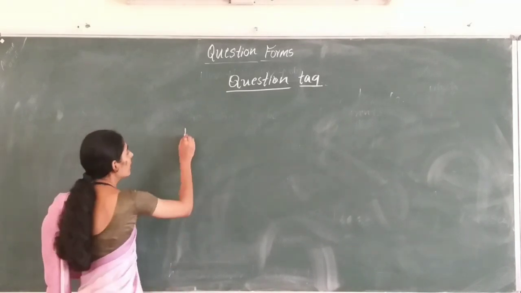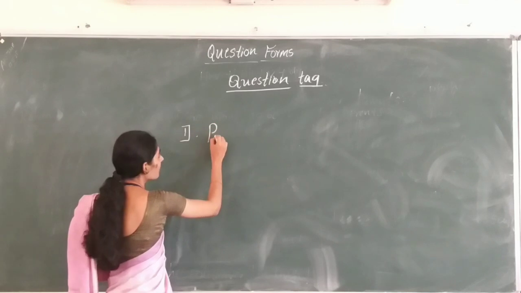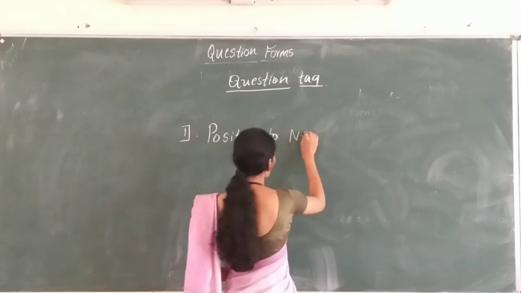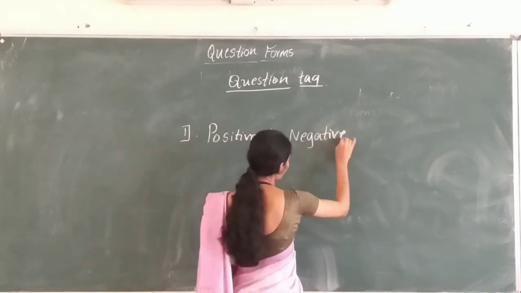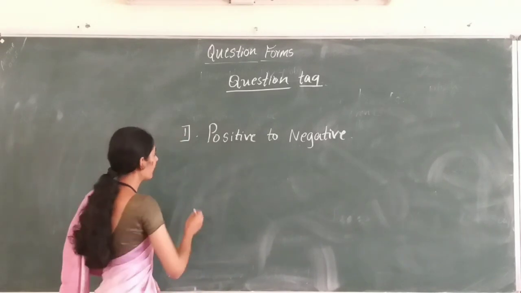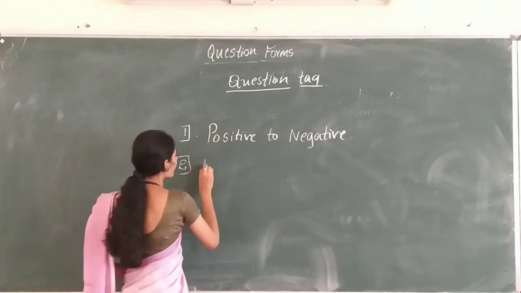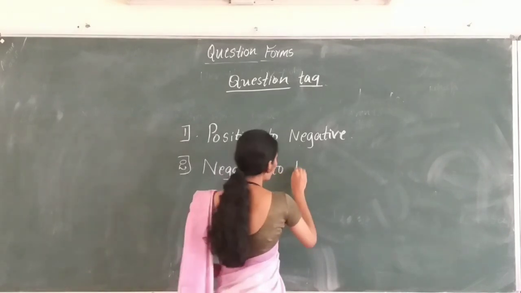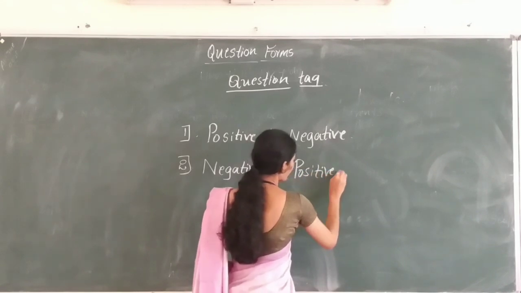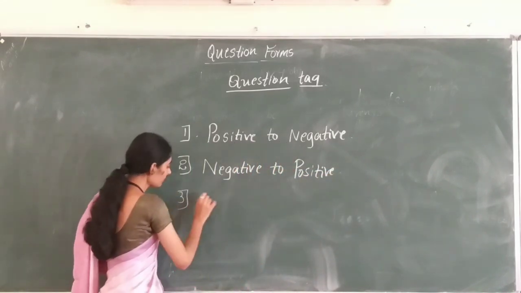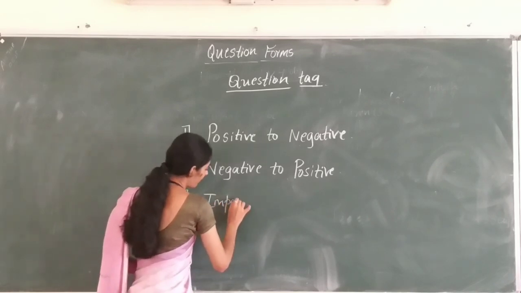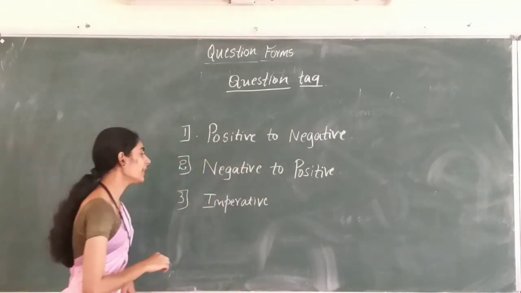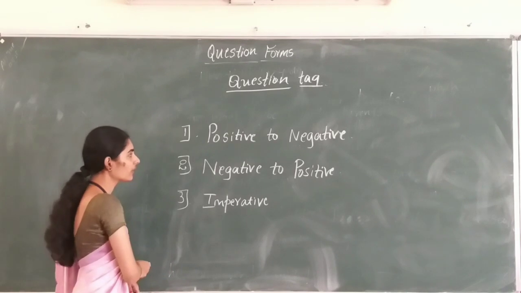The three forms of question tags are: positive to negative, the second one negative to positive, and the third one imperative. Imperative question tags. So now let's look at them one by one.